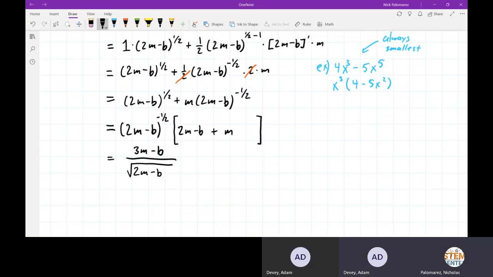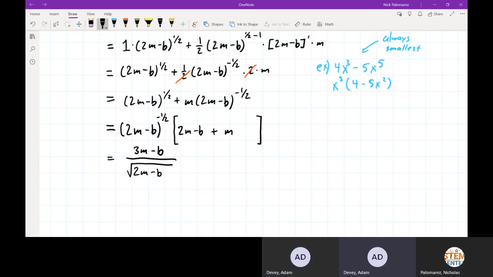How does that sound? So it'll be 3m minus b over 2m minus b. I mean, well, we switch it back to the square root.